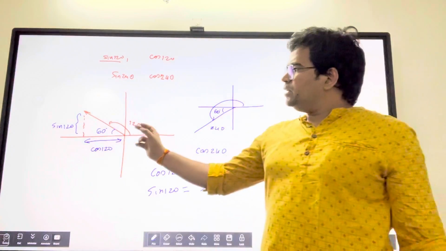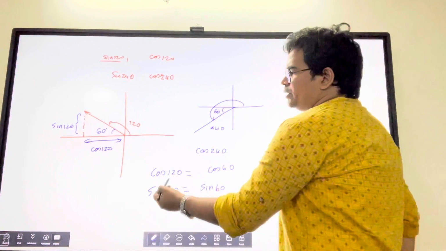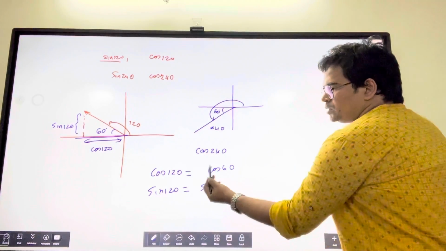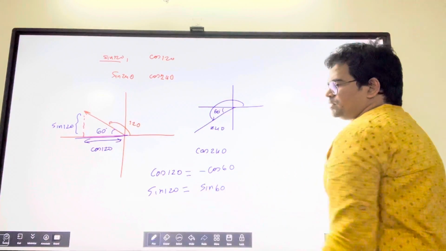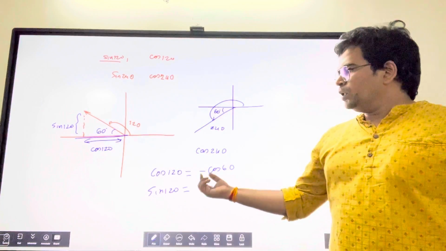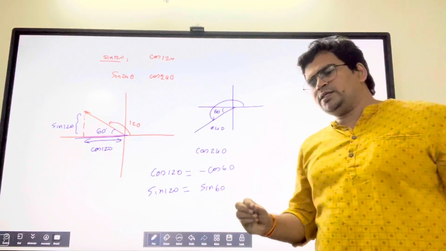But the problem here is that your angle is in the second quadrant. If your angle is in the second quadrant, you notice that the x coordinate is going to be negative. That's why cos of 120 is negative cos 60, because any angle in the second quadrant has a negative x coordinate, and you measure the cos ratio on the x coordinate.